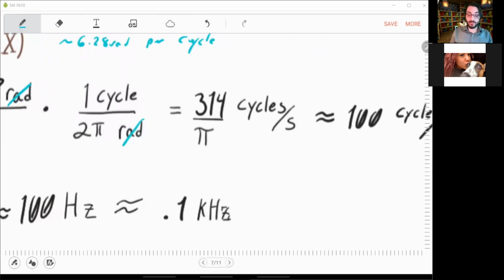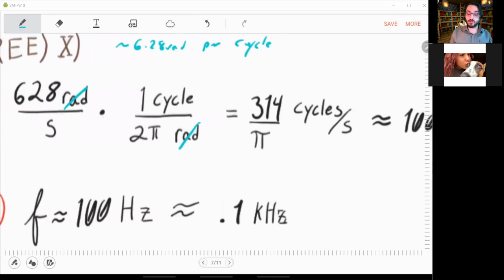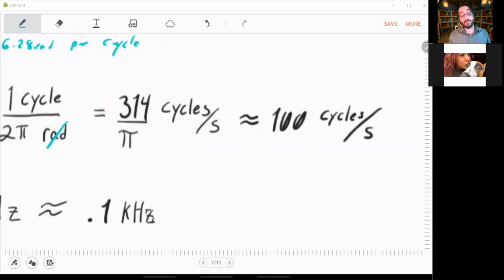So 628 divided by 2 gives 314 over pi. That's approximately 100 cycles per second, because pi is approximately 3.14.